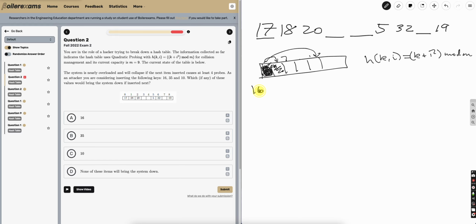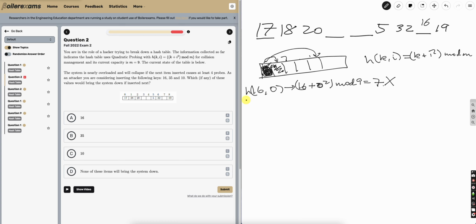If we insert h(16, 0), that gives 16 plus 0 squared mod 9. 16 mod 9 equals 7. Checking 7 in this hash table, we have 0, 1, 2, 3, 4, 5, 6, 7. Here we go, so 16 would be here.